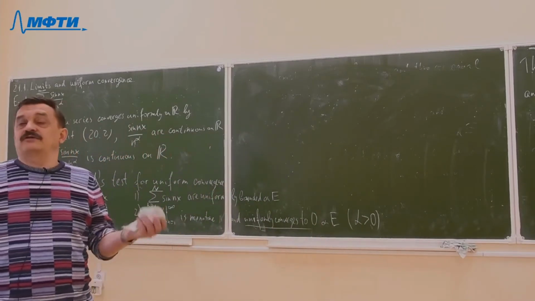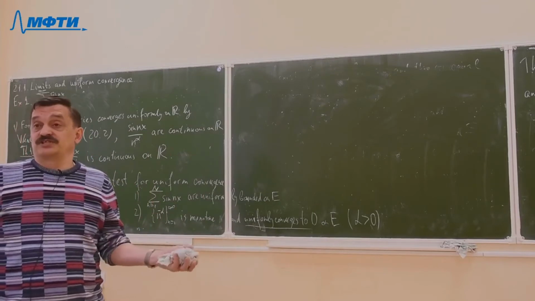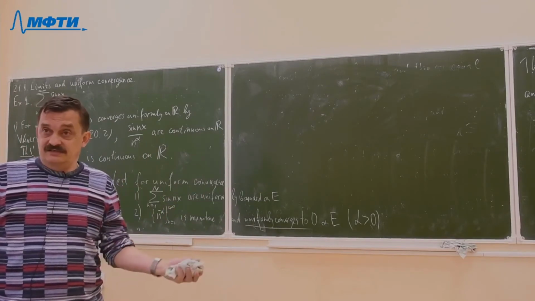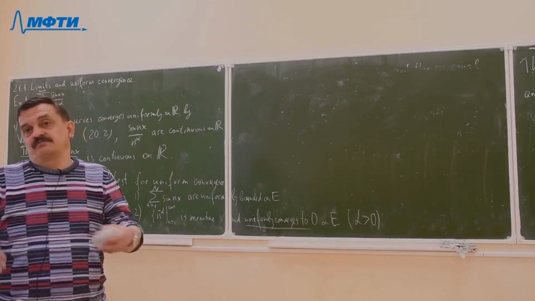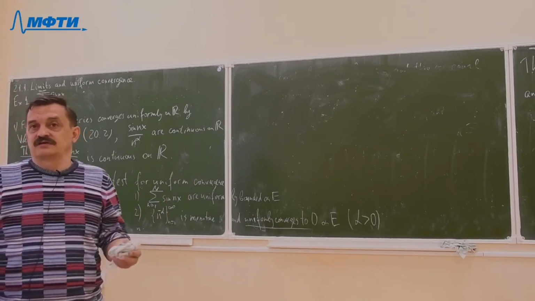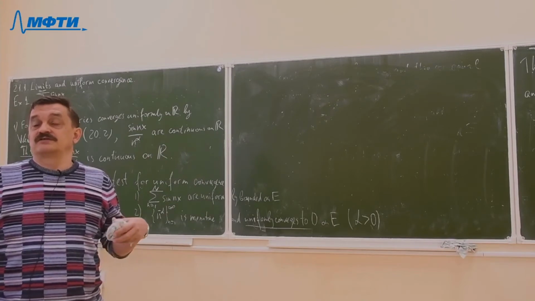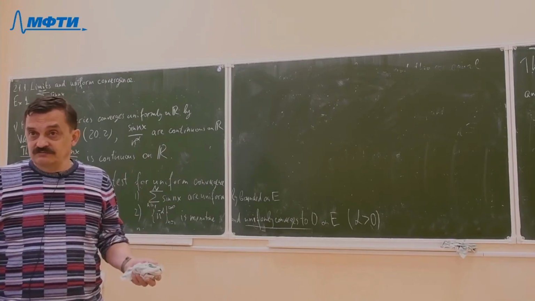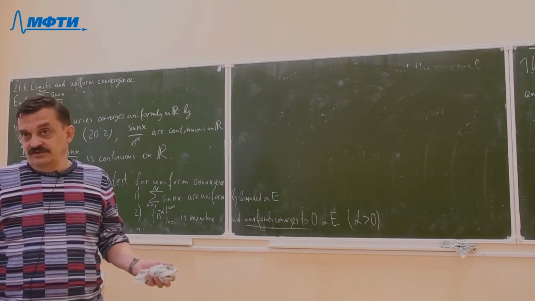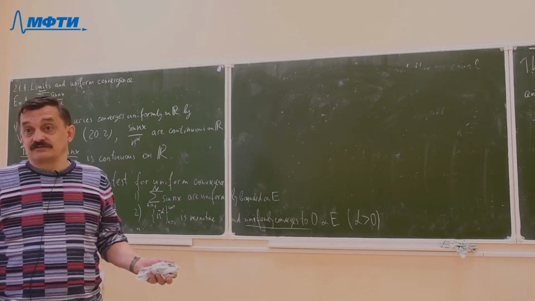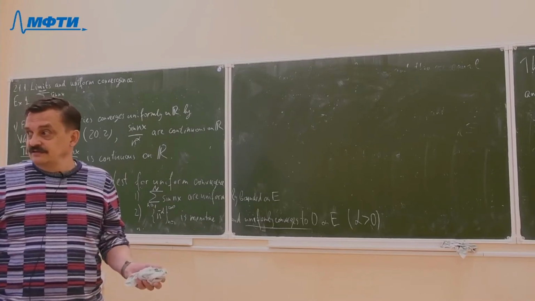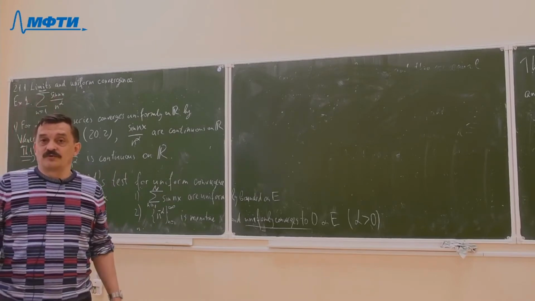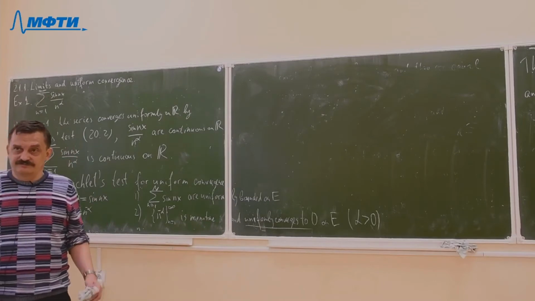When you have something which does not depend on x, then once you have a property, let's say boundedness or convergence, it is automatically uniform because of the absence of x. If you have no x, then your property is very uniform. Automatically.